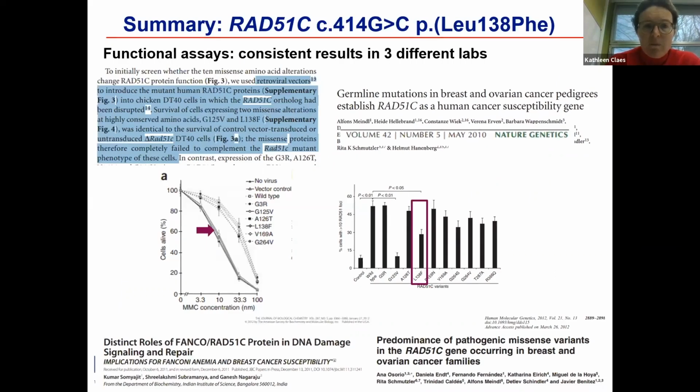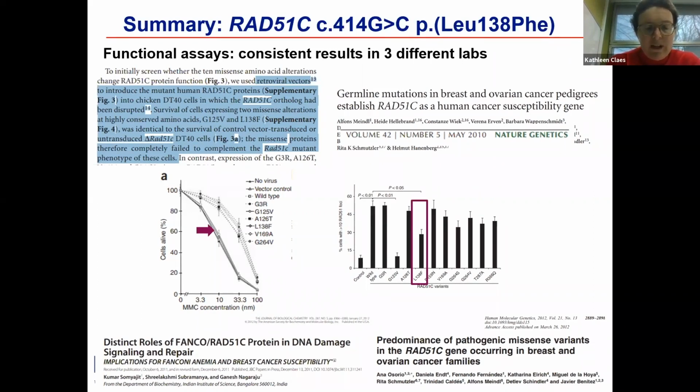Another approach that we like to evaluate is functional assays. This variant has been evaluated in three different publications.